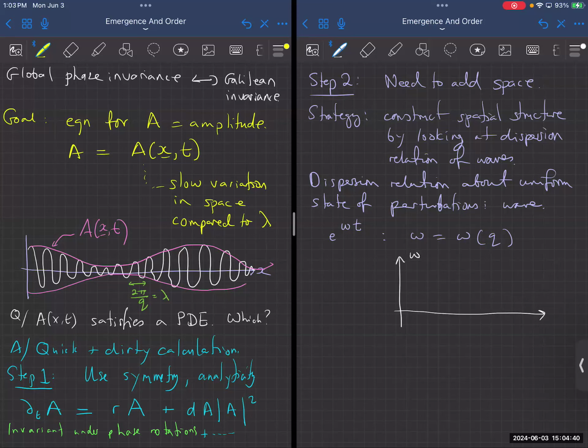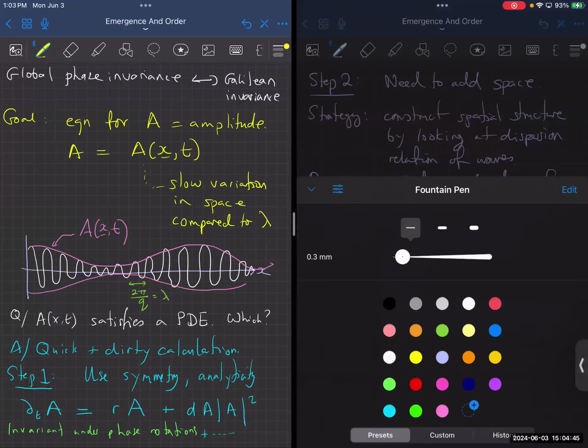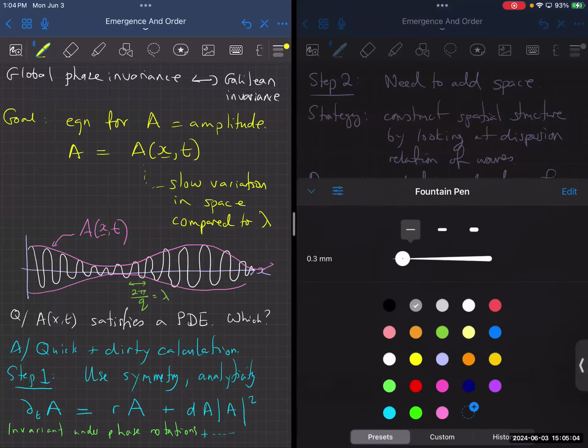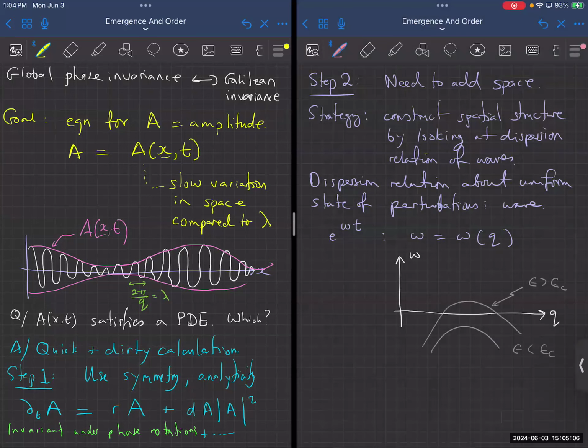So last time we talked about instabilities, and we had this picture over here. And we said, well, if epsilon is less than epsilon c, we have something like this. If epsilon is slightly greater than epsilon c, it looks like that. And if epsilon equals epsilon c, it's going to look something like this.